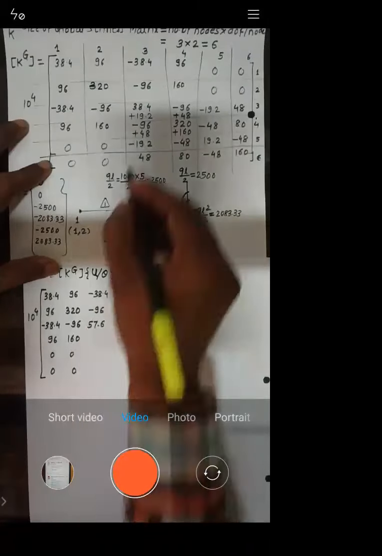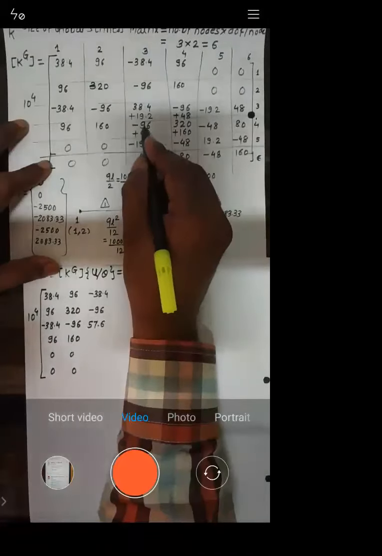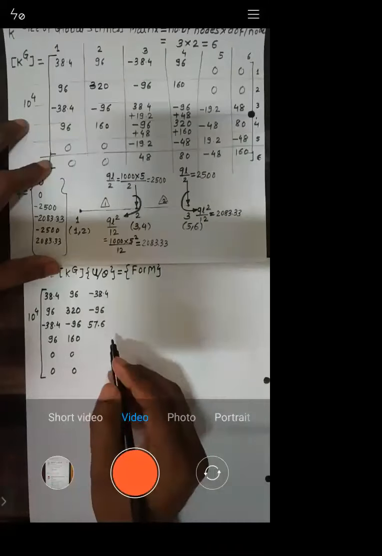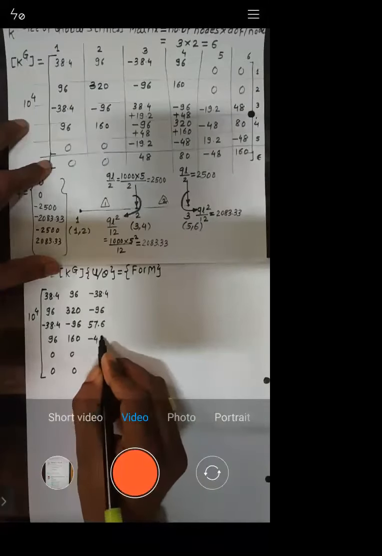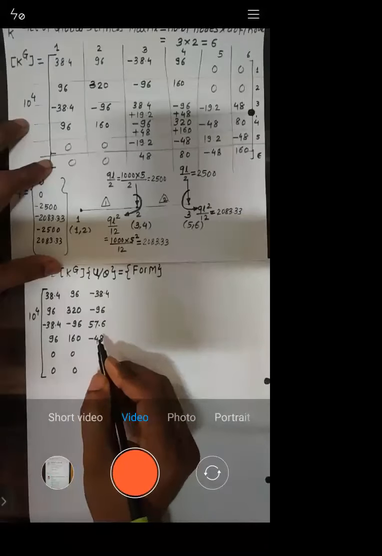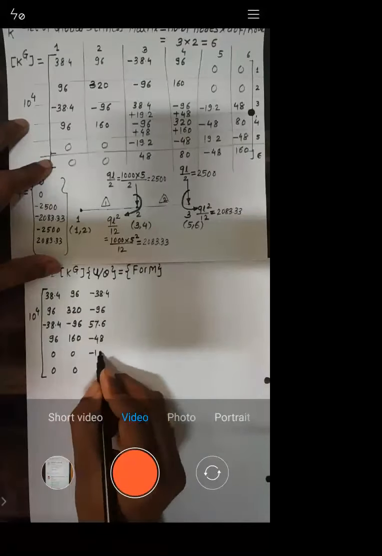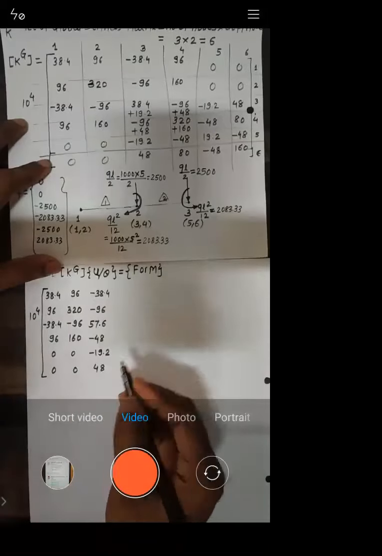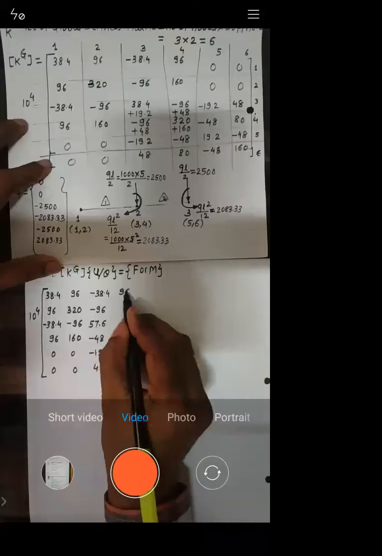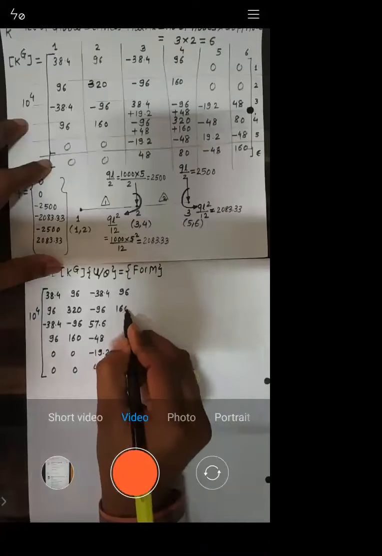57.6. Then 40 minus 96 plus 48, minus 48. Then minus 19.2 and this is 48. Next 96, 160.